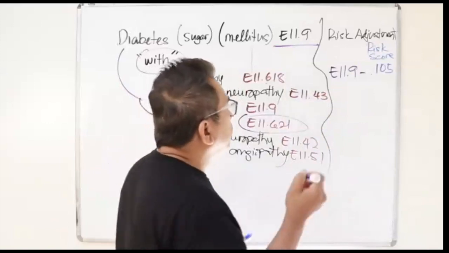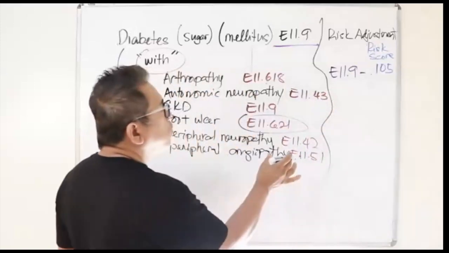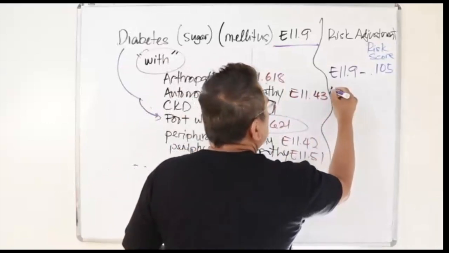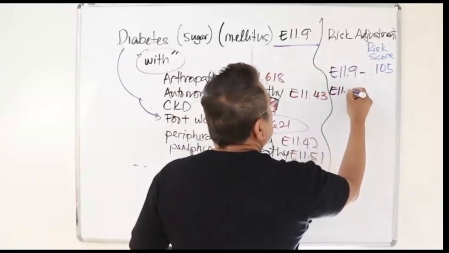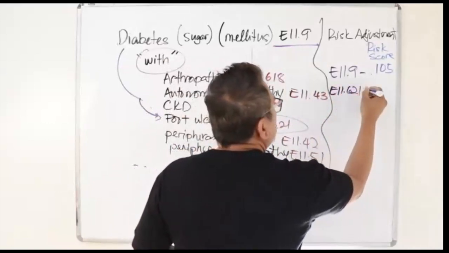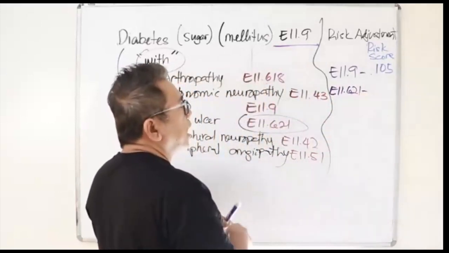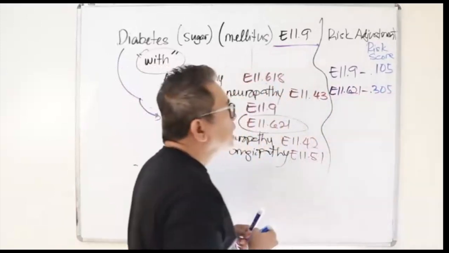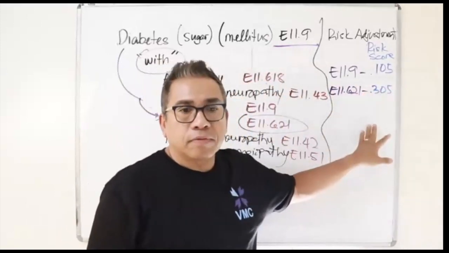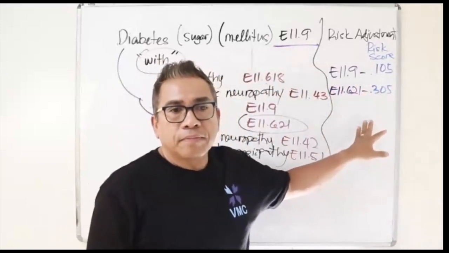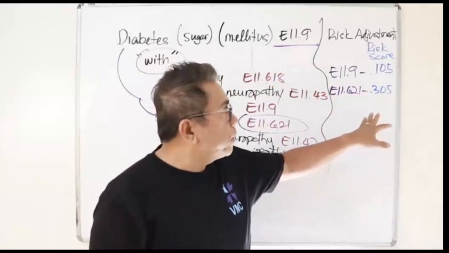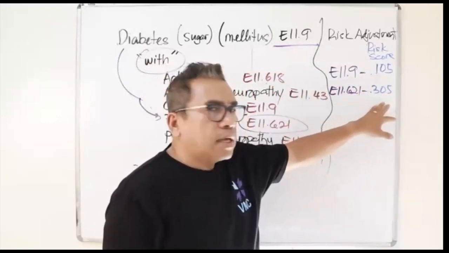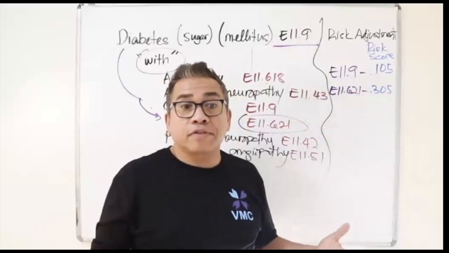If you assign the code E11.621, look at the 621, the score for that is 0.305. It tripled, right? It tripled, like 0.105 and 0.305. It's a big difference, right?